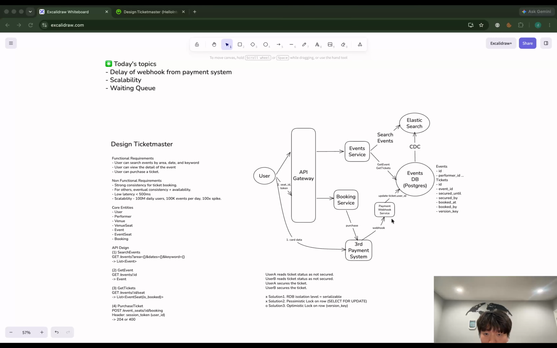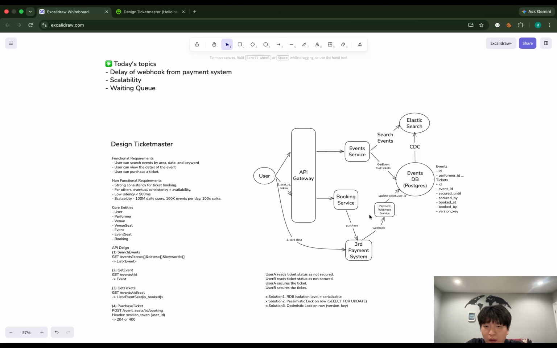Last time I talked about securing the ticket for 10 minutes as a grace time for the payment. Let's say the user finished the payment just before 10 minutes, and then the payment system makes the webhook.